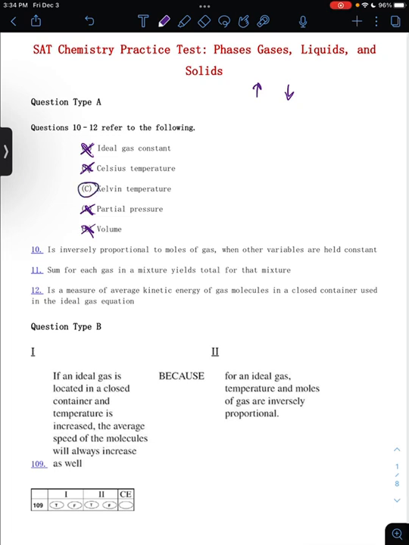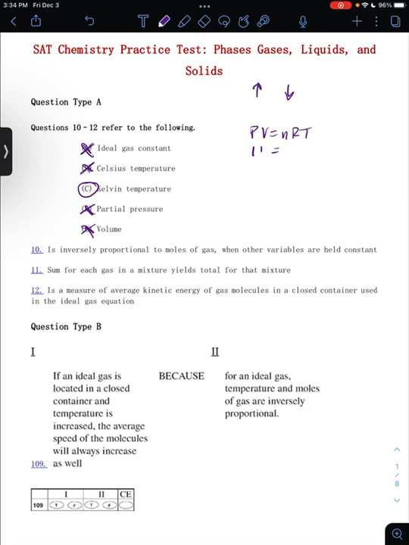Now why it would be Kelvin temperature is because it is the temperature that we use in the ideal gas formula. And because, let's think about this, if we write out PV equals nRT. Let's say that these two values are just 1 and 1.